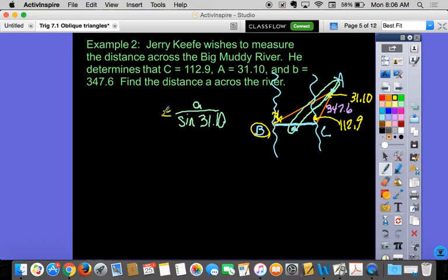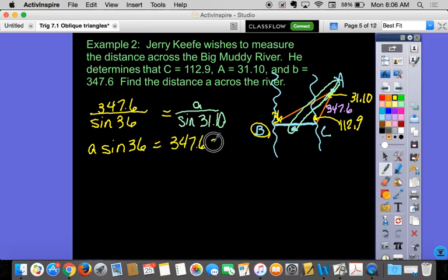So over here we're going to do little b, which was 347.6, over sine of, we found to be 36. Cross multiply. Sine 36, and then I'm going to have 347.6 sine 31.10.